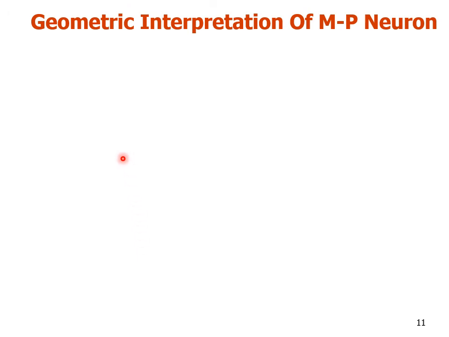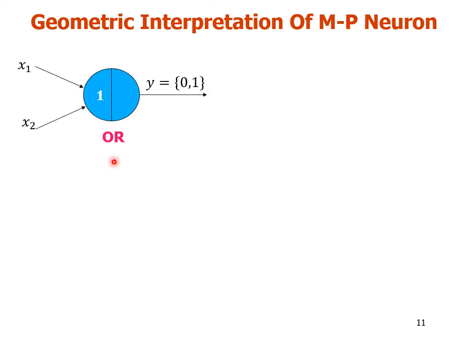Now let us look at the geometric interpretation of the MP neuron. To understand the concept, let us try to have a geometric interpretation for the Boolean function OR. For simplicity, let us consider the OR function with 2 inputs x1 and x2. x1 and x2 are the Boolean inputs. As we have already discussed, the OR function's thresholding parameter theta is 1.